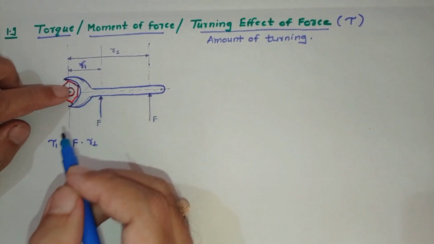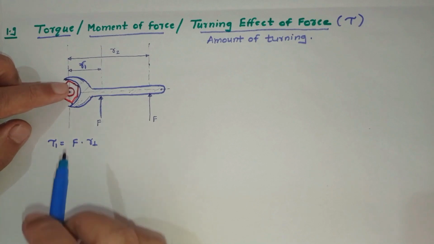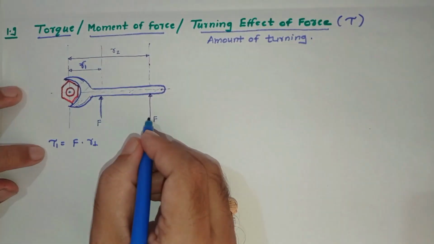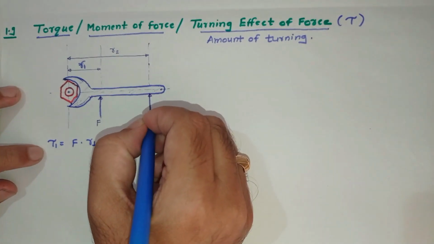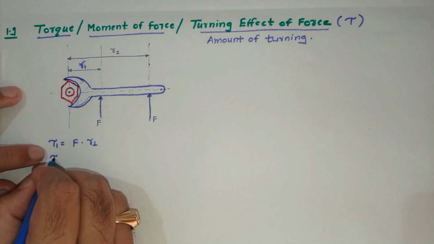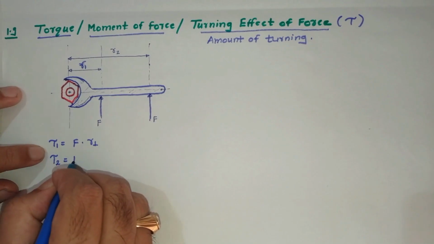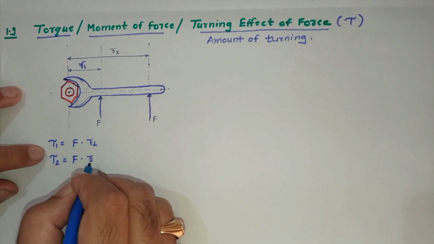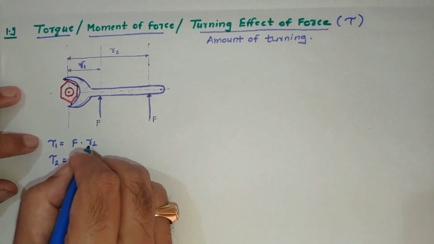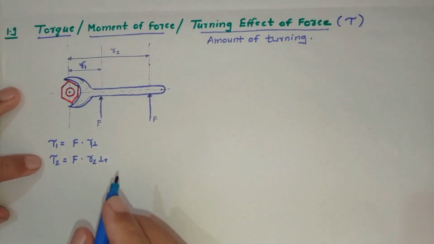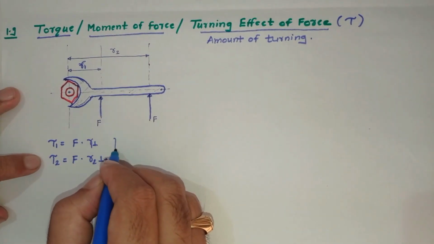So this is a pivoted point या fixed point है and the force is applied like this. Second, if I apply the force over here at a distance r2, so tau 2 is equal to F into perpendicular distance, that is r2, perpendicular distance.